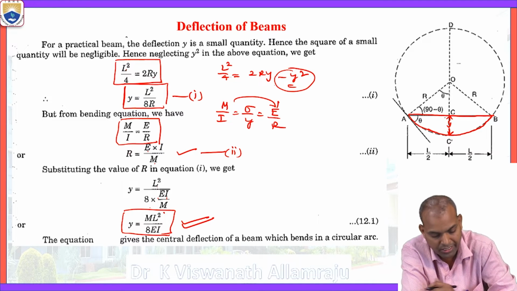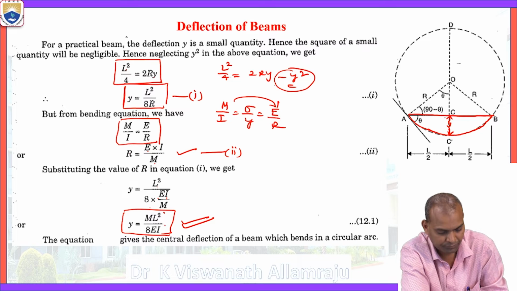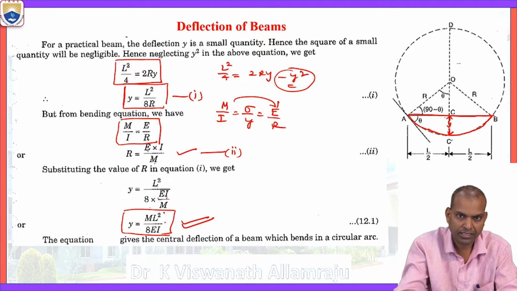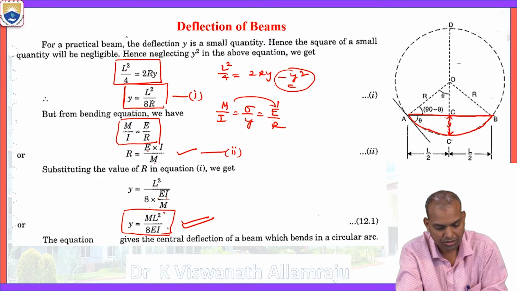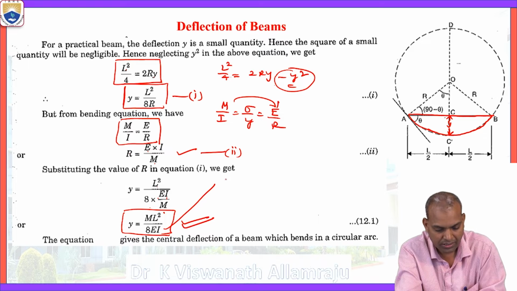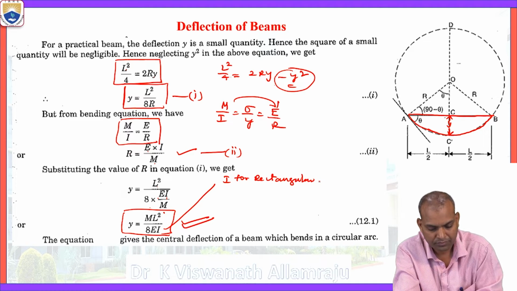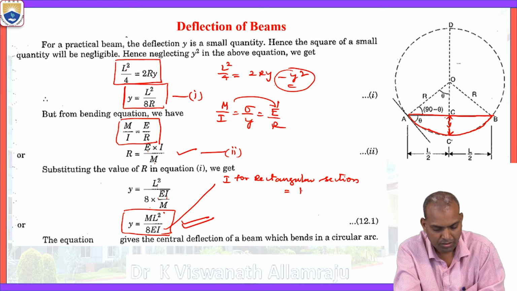Where I is the second moment of area or moment of inertia of the section. I for a rectangular section is B d cube by 12.